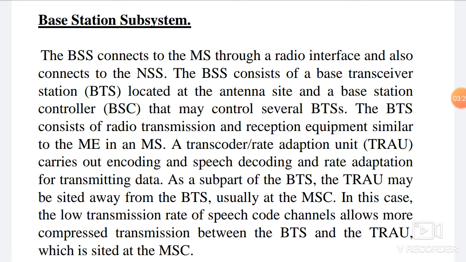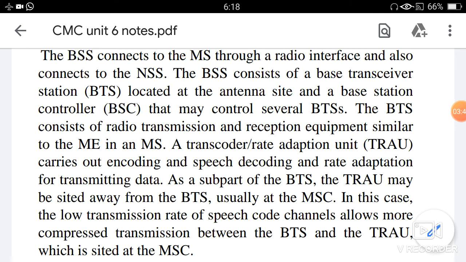The BTS consists of radio transmission and reception equipment similar to the ME in an MS. MS is a mobile station and ME represents mobile equipment. In this particular BSS, we are also going to have the TRAU, which is abbreviated as transcoder or rate adaptation unit. What is the use of the TRAU?